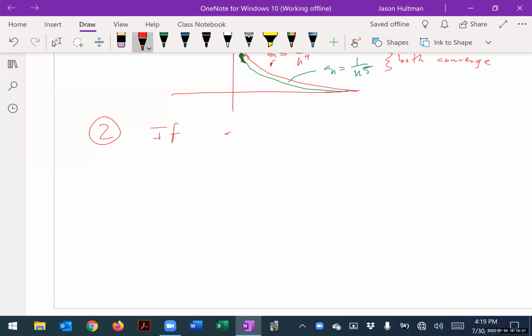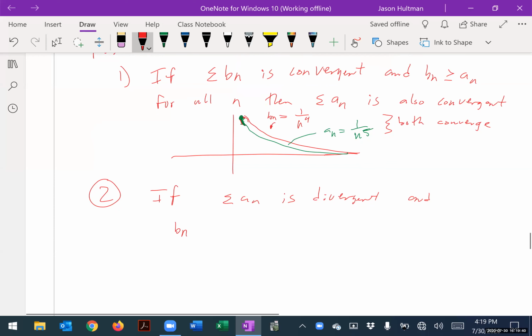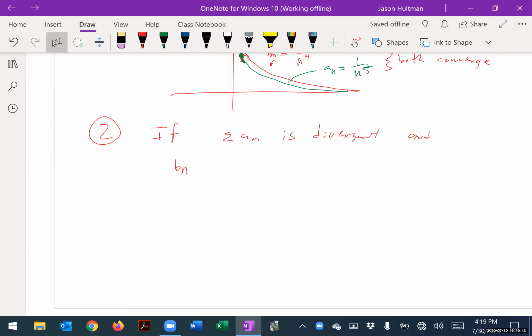If the summation of A sub n is divergent, and B sub n is still bigger than A sub n for all n, then B sub n diverges as well.